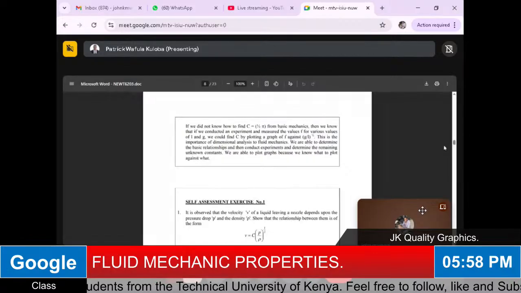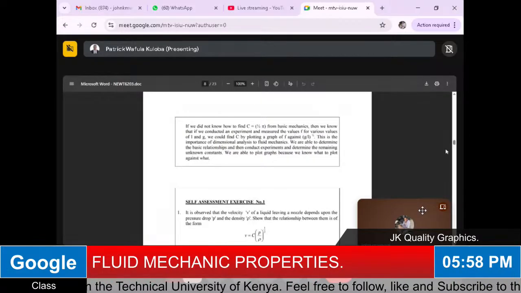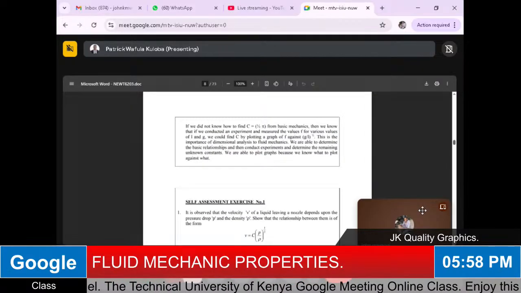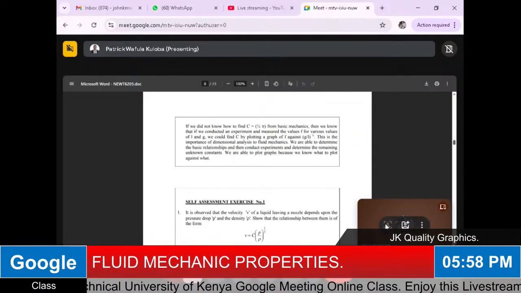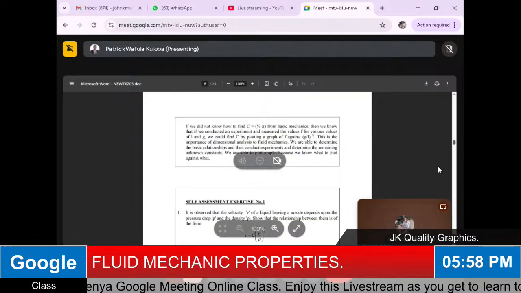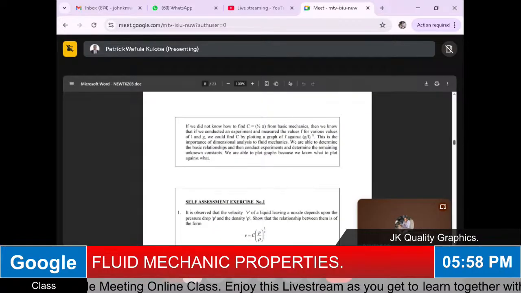Yeah, that was P, it was not L. The equation becomes P raised to a half and rho raised to minus a half. So if you expand, you get V is equal to C square root of P over rho.